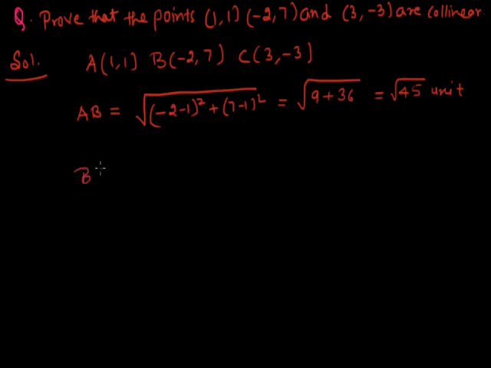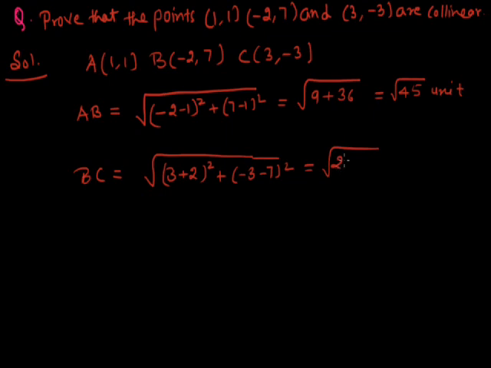BC, again by distance formula, is root of (3 plus 2) whole square plus (minus 3 minus 7) whole square. So this is equal to root of 25 plus 100, which is root 125 unit. AC, or you can say CA, both are same.